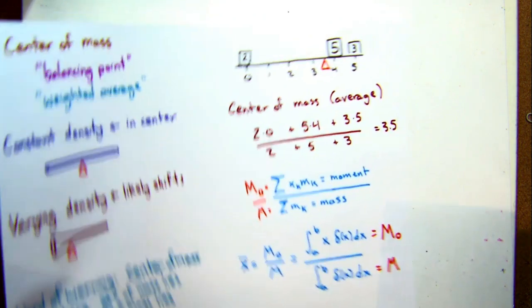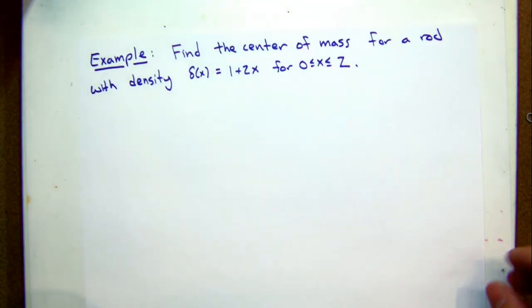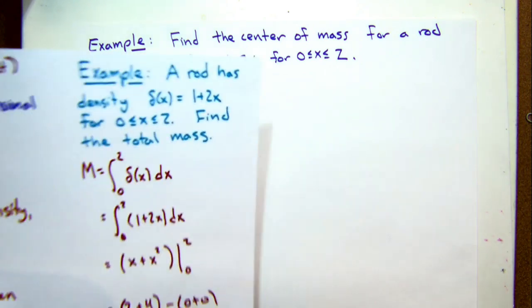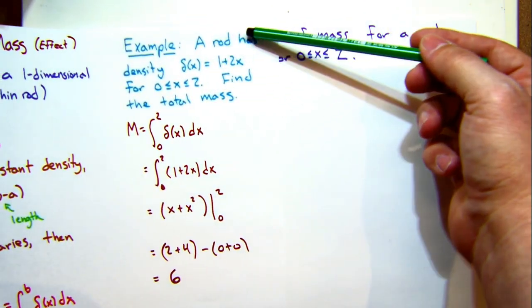Let's try an example. Let's find the center of mass for a rod with density delta x equals 1 plus 2x, where x goes between 0 and 2. This feels very deja vu-y. Have we seen something like this before? Yes.